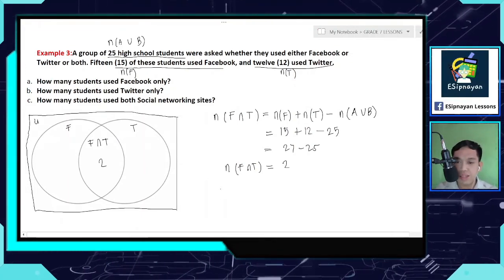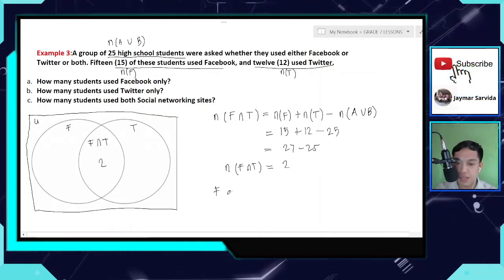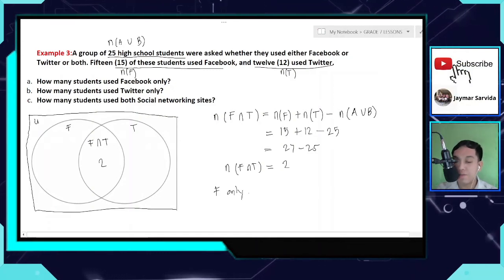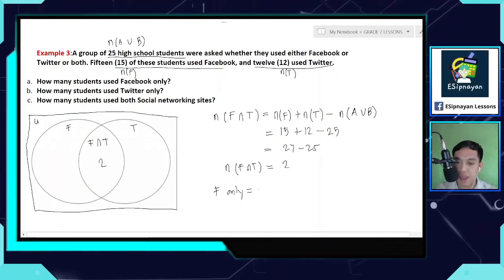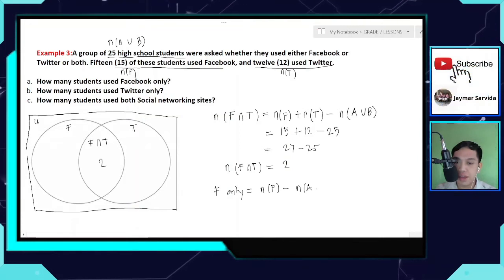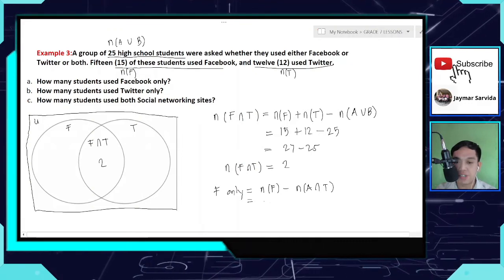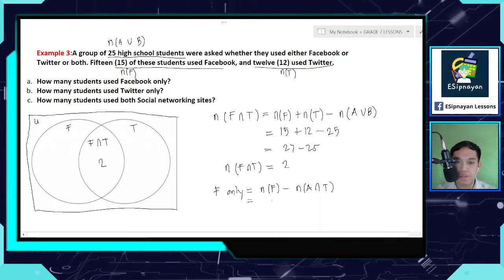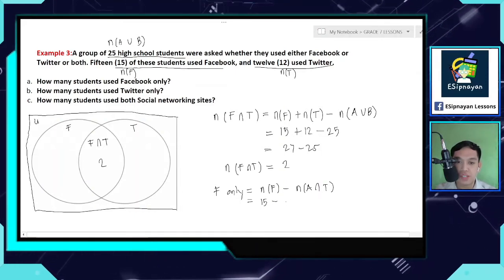So para malaman natin yan, that is yung Facebook only, F only, ha, F only equals, isolve natin yung ating N of F minus yung kanyang intersection, N of F intersection T. So substitute, that is, N of F is 15 minus 2.